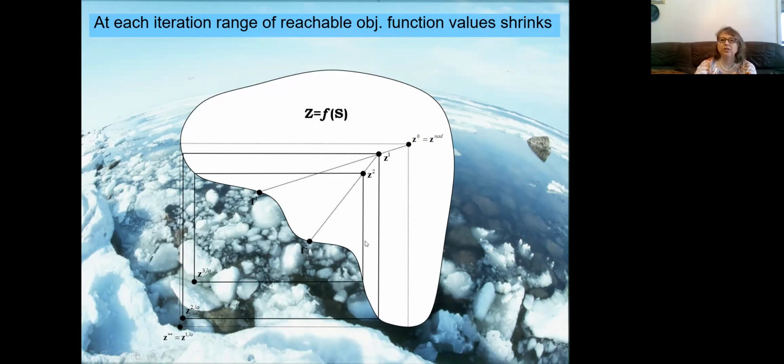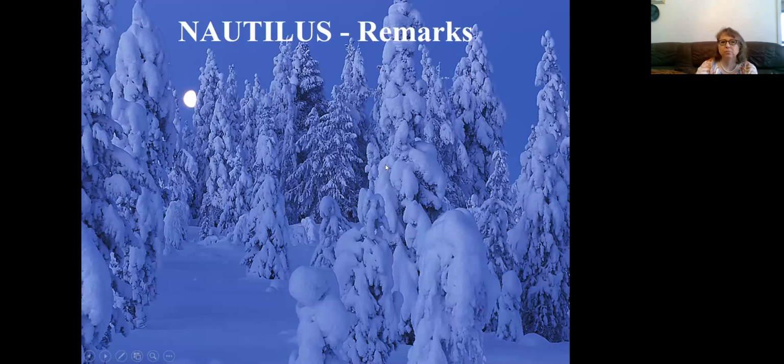And if at some point the decision maker feels that now I lost something that I would still like to reach, one can always go backwards and widen up the reachable ranges. But that's the idea, that eventually we converge to a Pareto optimal solution, but no need to be thinking of sacrifices on the way to get there.